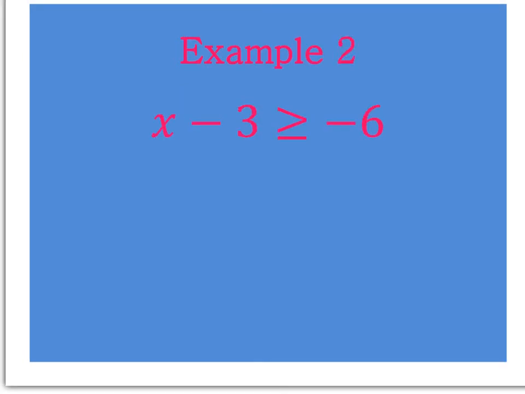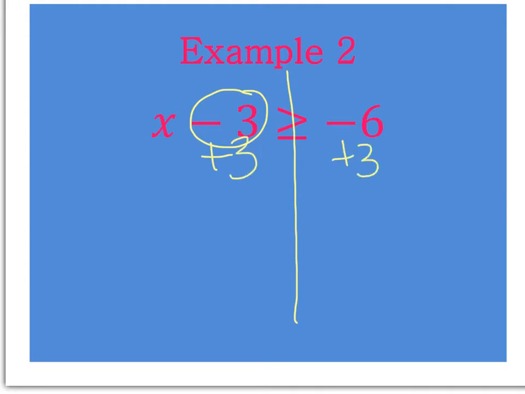Now look at example 2. We have x minus 3 is greater than or equal to -6. Separate our two sides. Again, the goal is to get x by itself. The way to get x by itself when we have x minus 3 is that we have to add 3 to both sides.